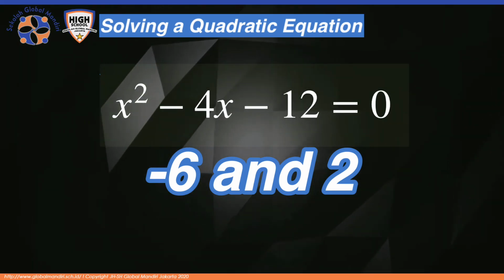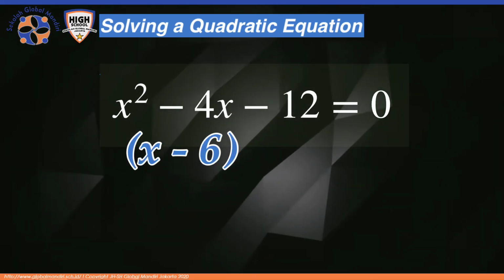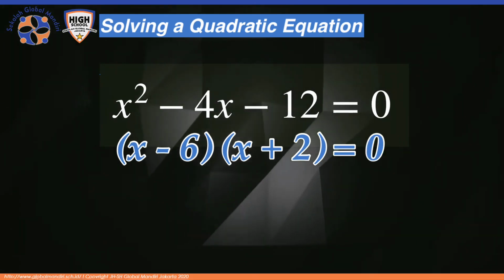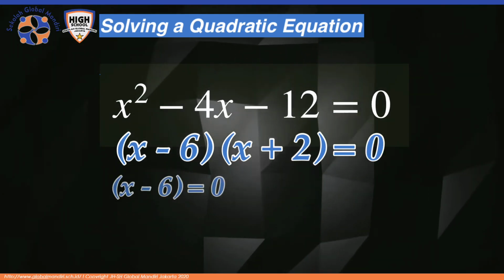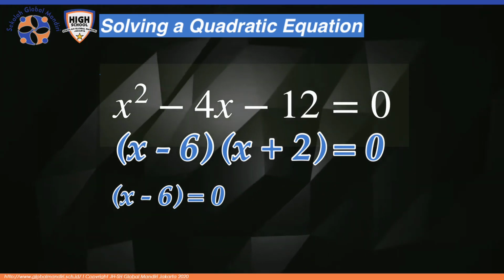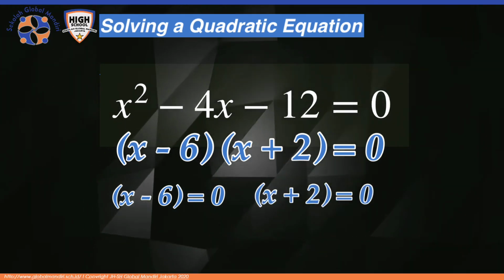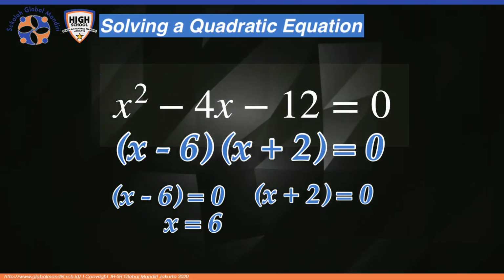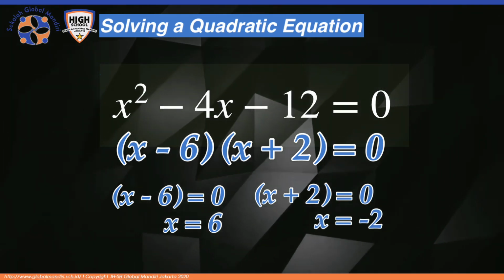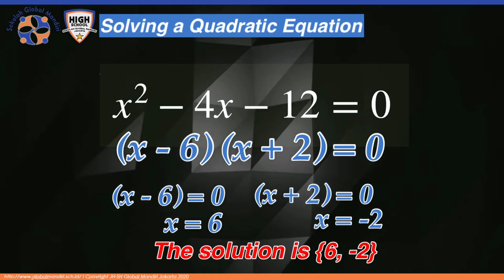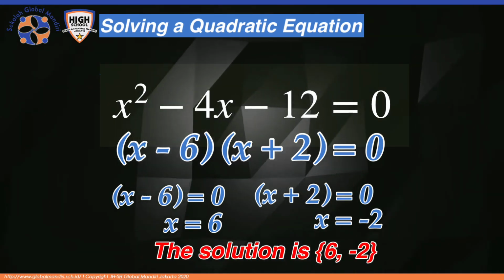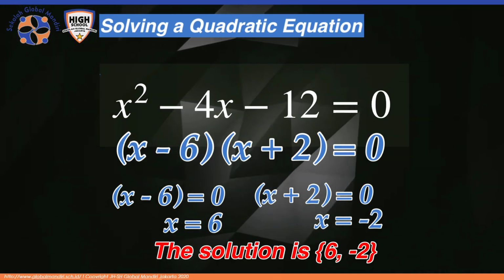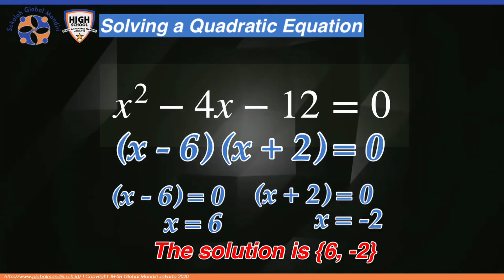Now we simply write x minus 6 times x plus 2 equals 0. Then x minus 6 equals 0 and x plus 2 equals 0. Therefore we have x equals 6 and x equals minus 2. So this is the solution of x squared minus 4x minus 12 equals 0, which is 6 and minus 2.